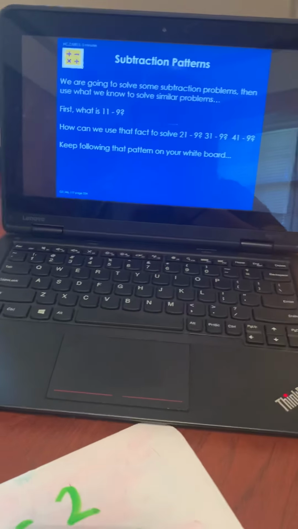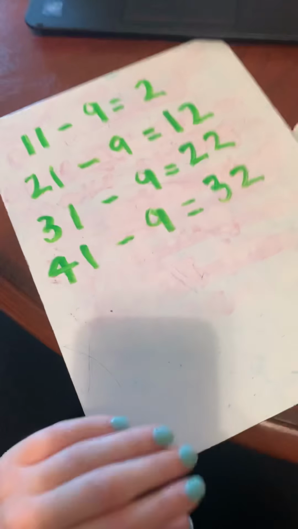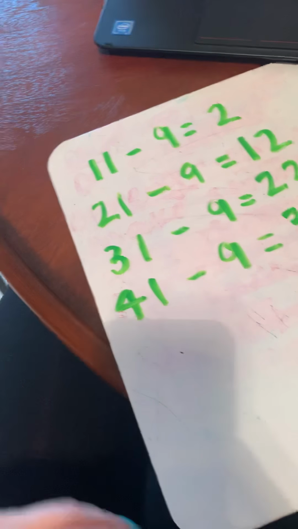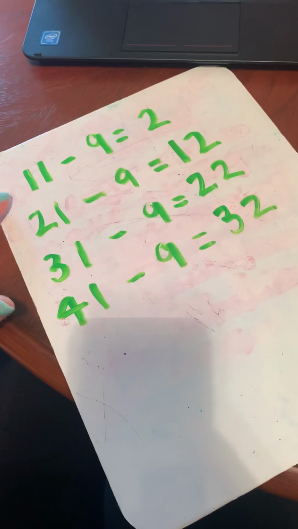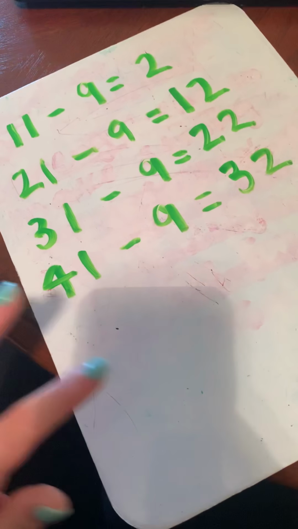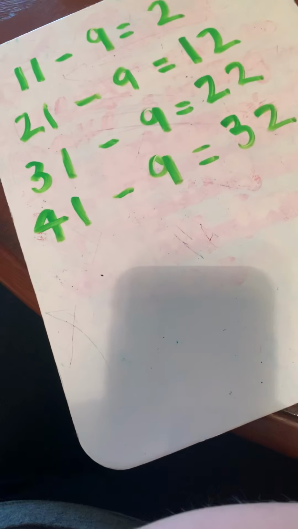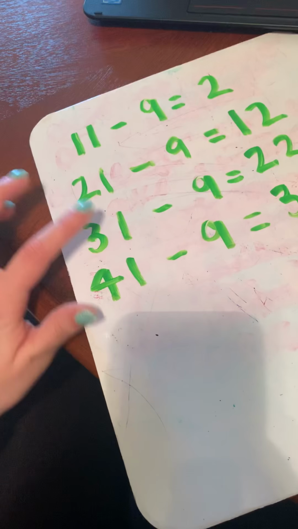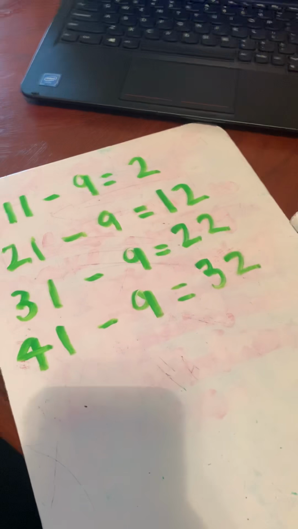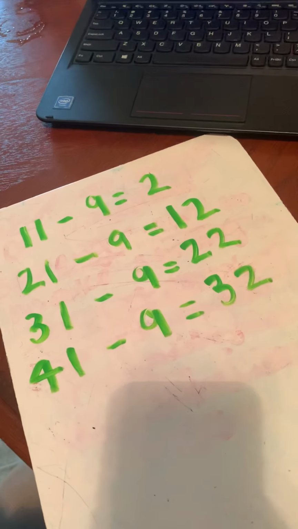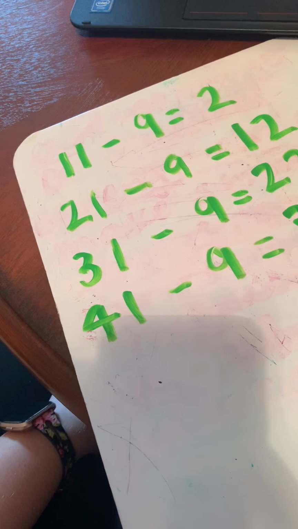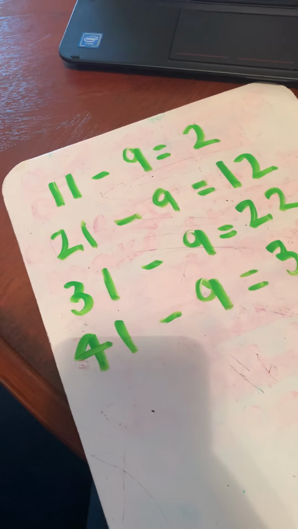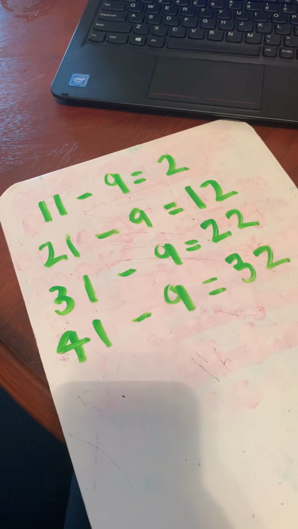Okay, so now what I want you to do is on your piece of paper, whatever you can write on, continue making subtraction sentences, starting with 11 minus 9 and continuing the pattern. I want you to solve as many as you can, and I'll give you a minute to do that. As many as you can using this same pattern.